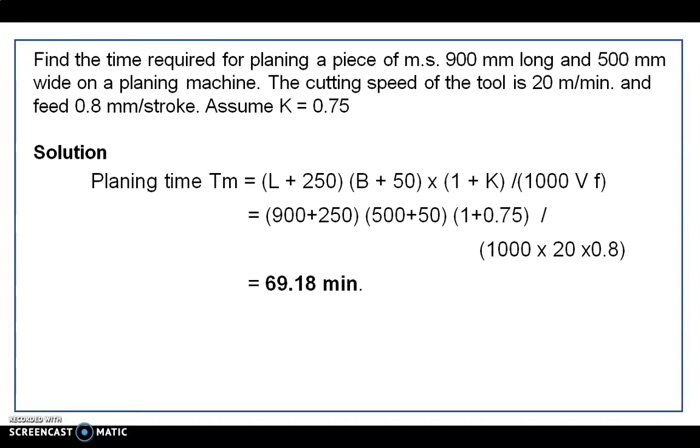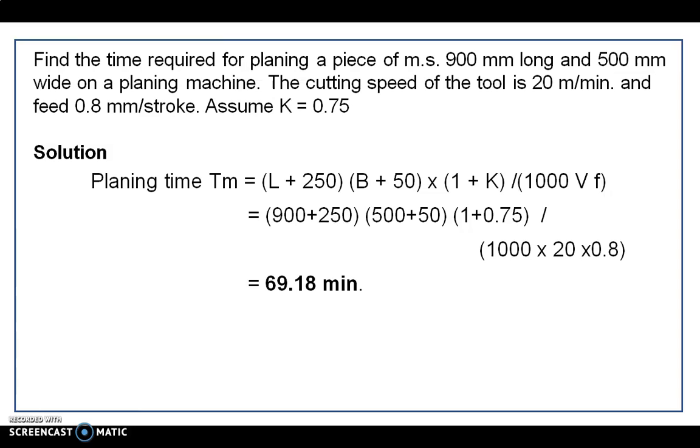Okay, we'll see a simple problem in this. Find the time required for planing a piece of MS 900 mm long and 500 mm wide on a planing machine. The cutting speed of the tool is 20 meters per minute and feed is 0.8 millimeter per stroke. Assume K equal to 0.75. Here almost all the values are given directly. L is 900, add it to the L component. Width is 500 mm, add it to the width component.